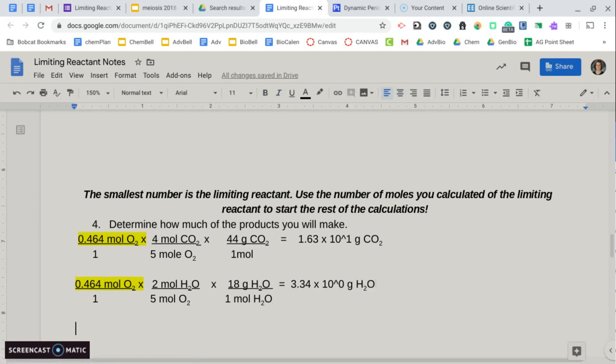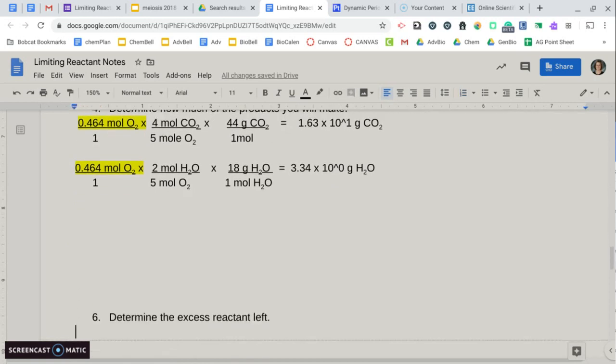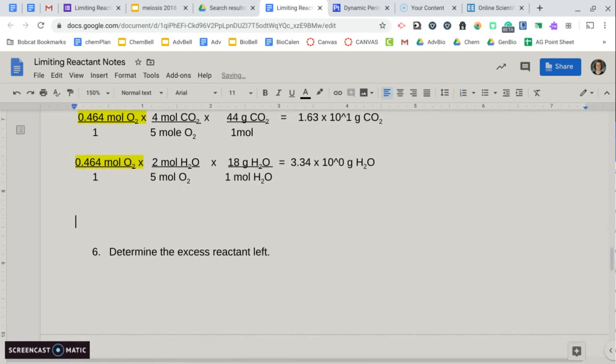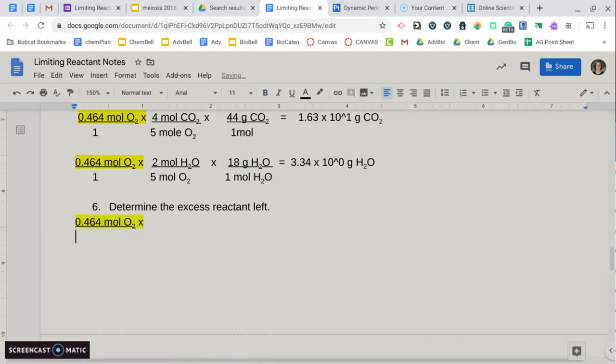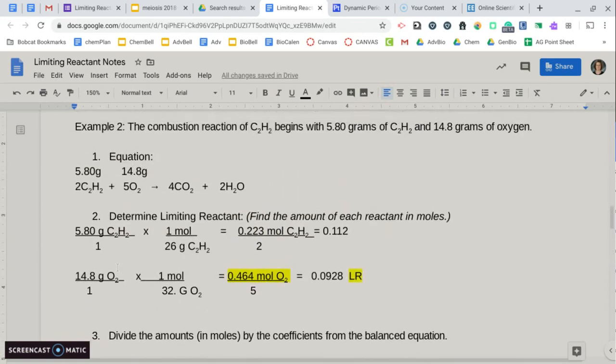And then I've got one more step to figure out how much of the excess reactant I have left over. Still starting with the same number as the last one, so it's still going to be over 1, and my next step here is still to put the 5 moles O2. Kind of the same thing over and over. But then up here, I want my excess, and I can't remember what the coefficient was.